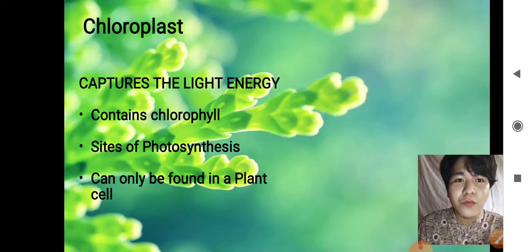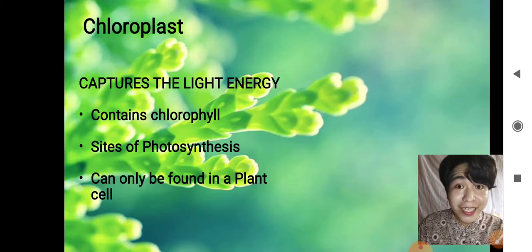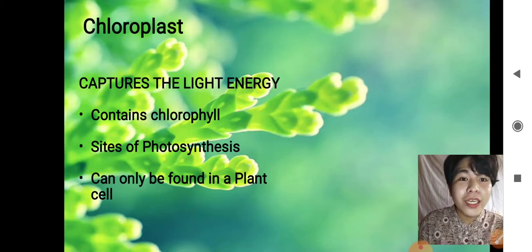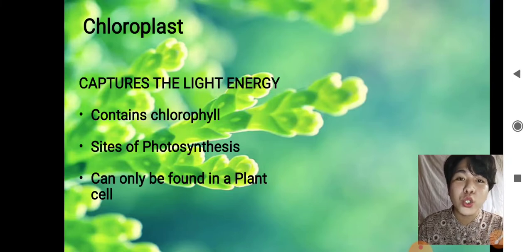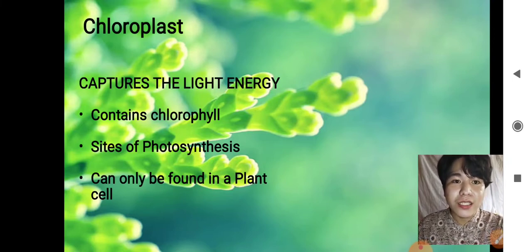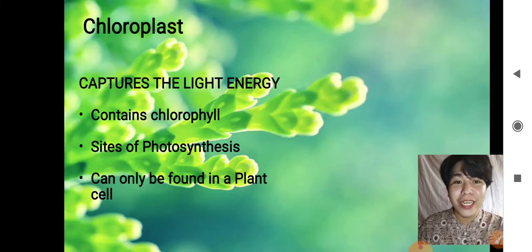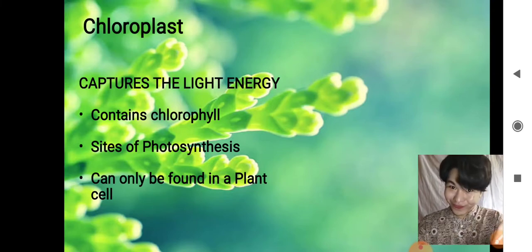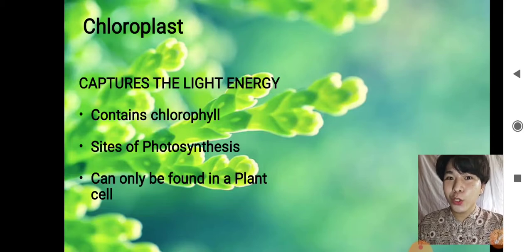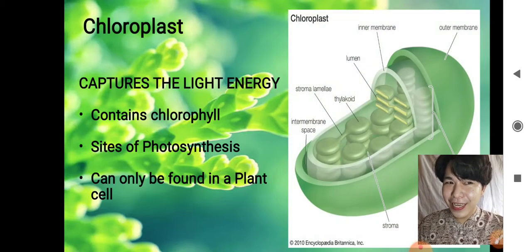It's because of the what? Chlorophyll. It is the green pigment that can be found in the chloroplast. And as it captures light, it is the site of photosynthesis. And as I've said, it can only be found in a plant cell. We are done with chloroplast, and now let's proceed to the next. So, this is the chloroplast.